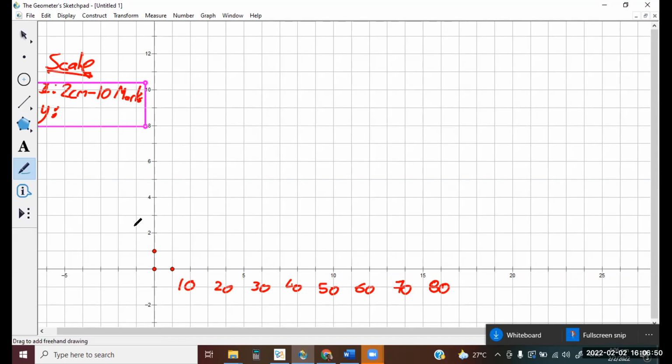Each represents 5, so 10, 20, 30, 40, 50, 60. So it's the same scale on the X and the Y. So 2 centimeters now represent the amount of students. 2 centimeters represent 10 students. So I put the line to show them to say it's the same number.